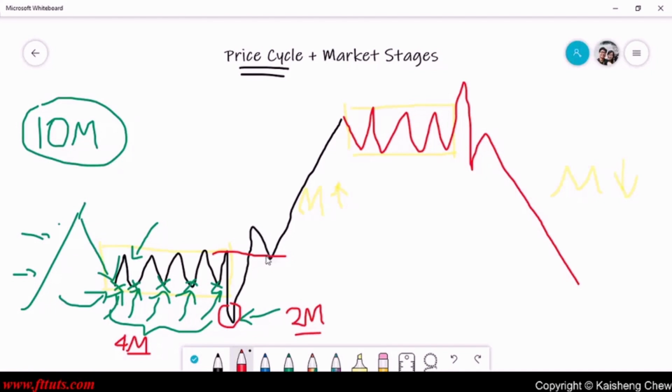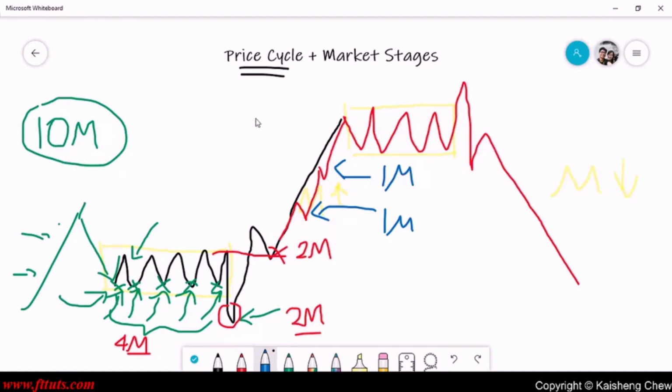Then retracement here, maybe they put in another $2 million. The price is moving up, then retrace, moving up, retrace and moving up, right? So now they are using about 8 million already. So here maybe the big boy puts in $1 million again, then here another $1 million, like that.